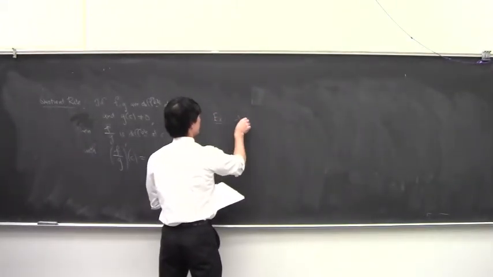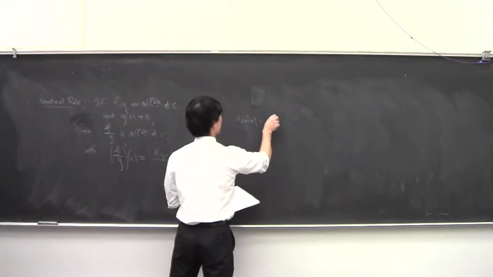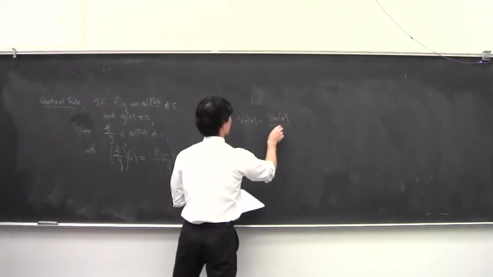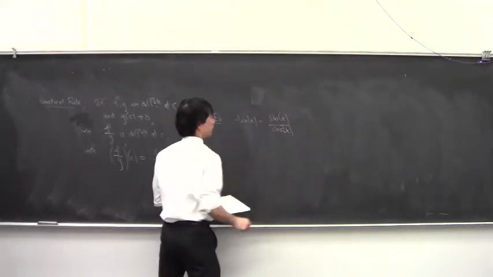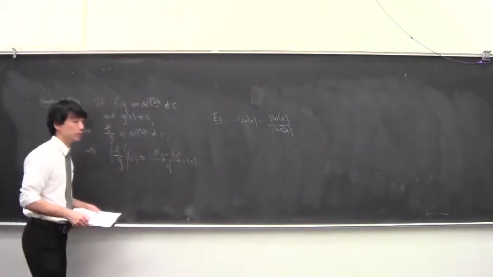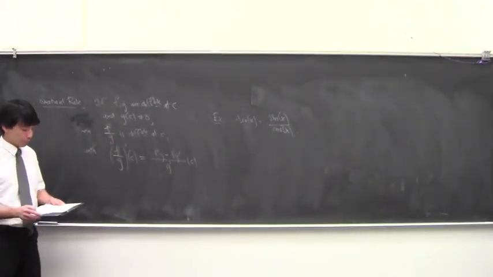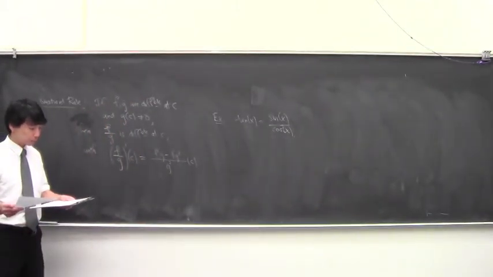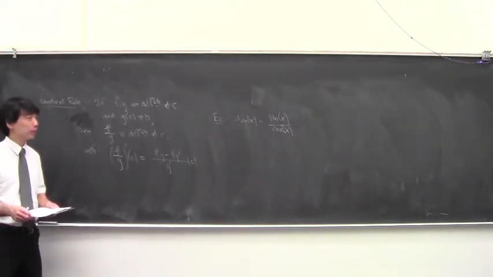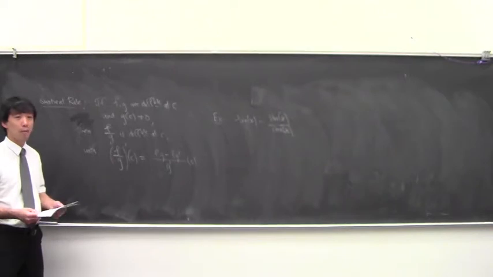So for example, the tangent function, sine over cosine. Take a minute and do it using the quotient rule.